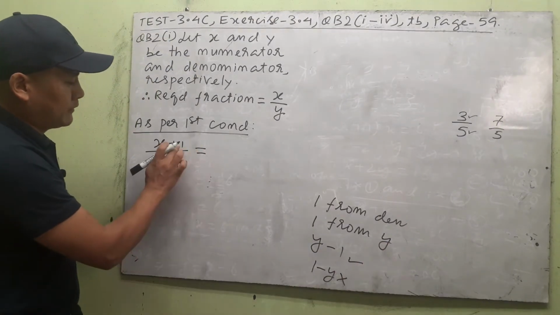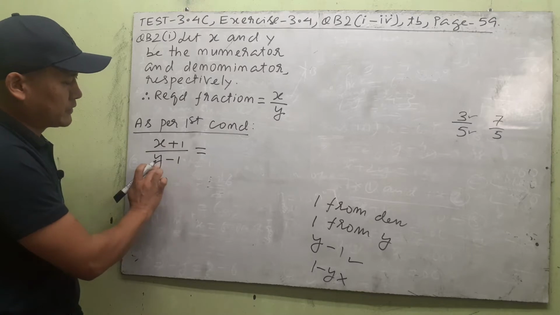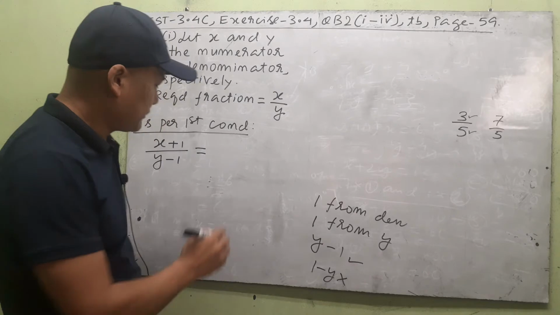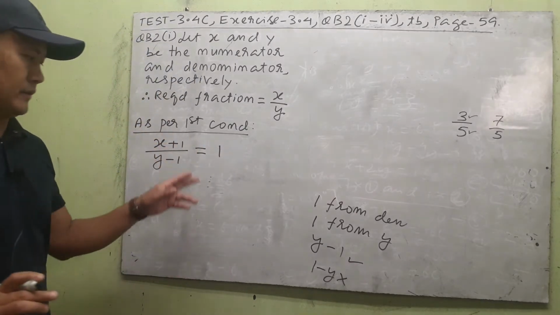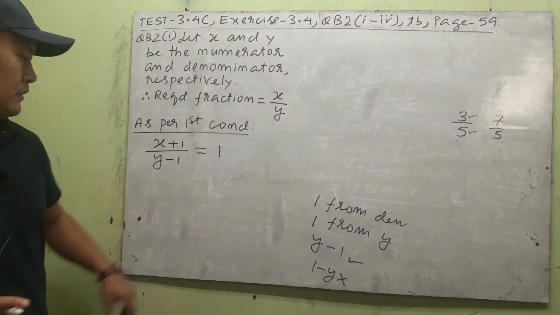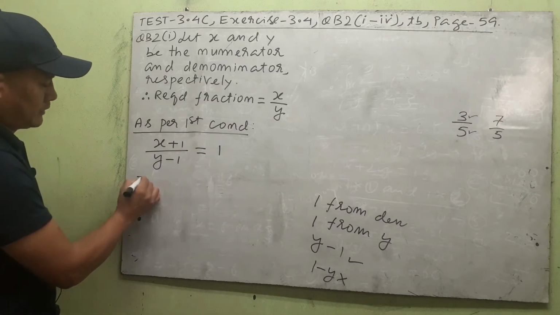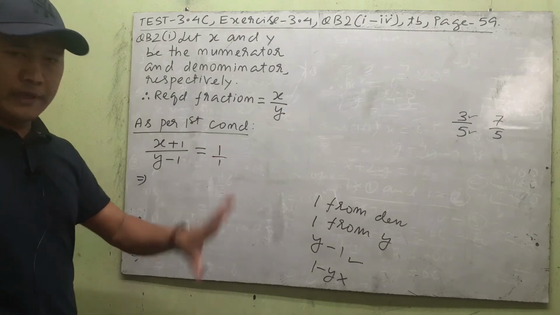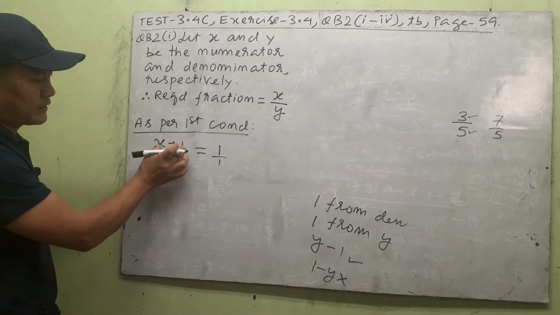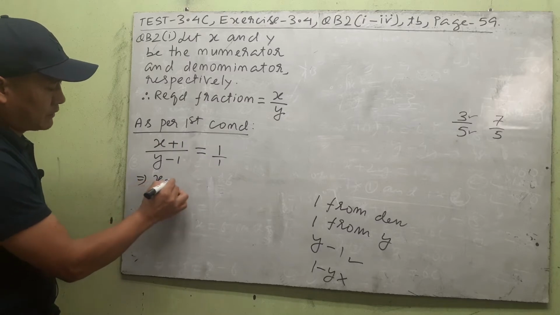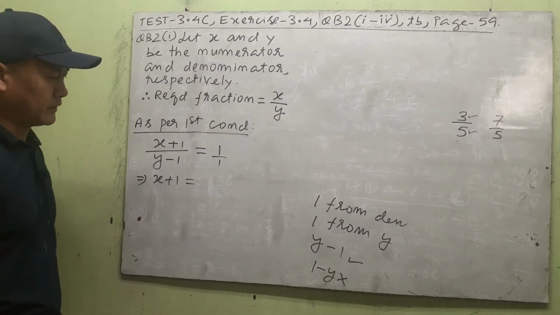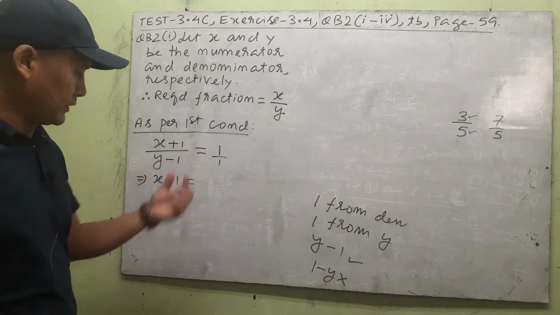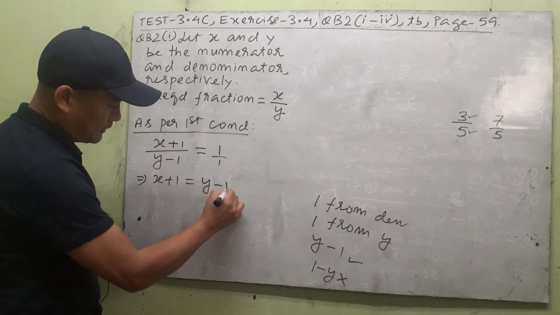Now if we add 1 to numerator and subtract 1 from denominator, the condition is saying the fraction reduces to 1. So the original fraction changes to 1. Here 1 means 1 by 1, which we may or may not write, up to us. So cross multiplying, x plus 1 into 1, x plus 1, after the equal sign, y minus 1 into 1, y minus 1.